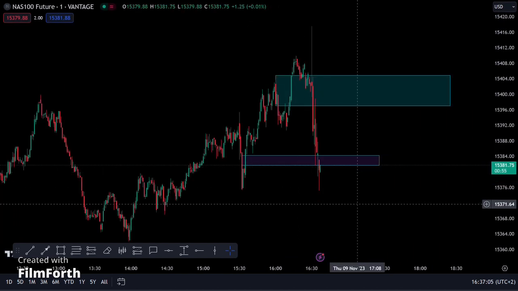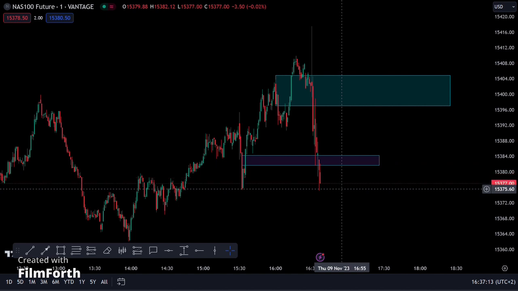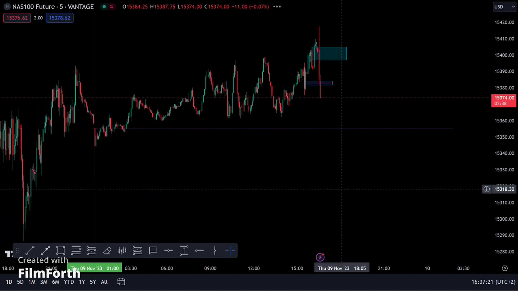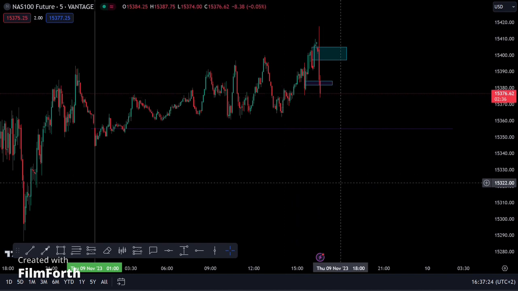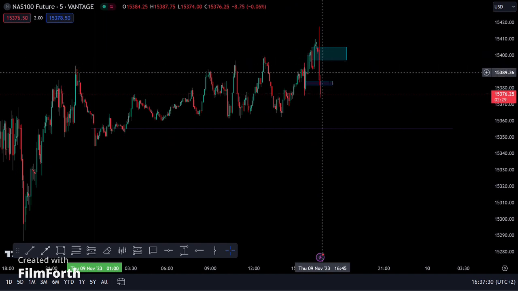Did we just equal lows? Or take them out? We took out the lows. 5-minute chart. And he literally pushed off this, hey? Okay.